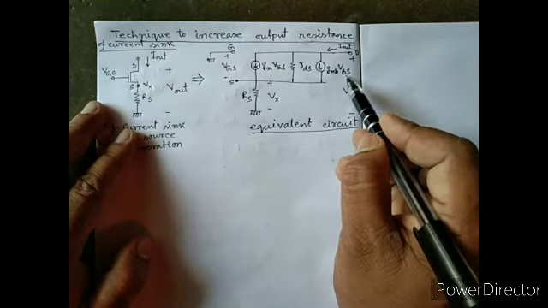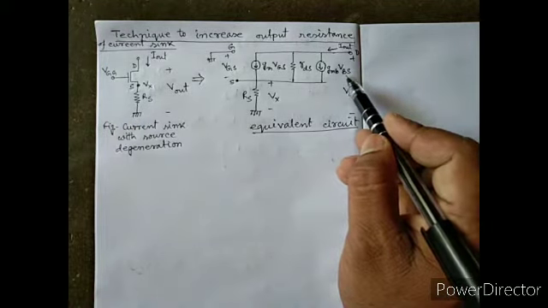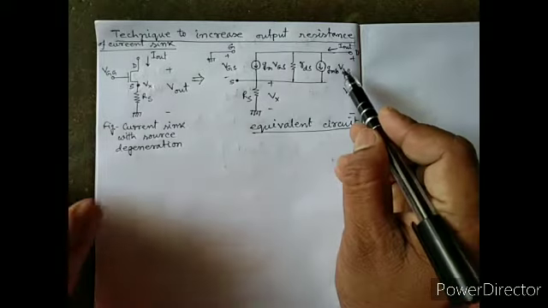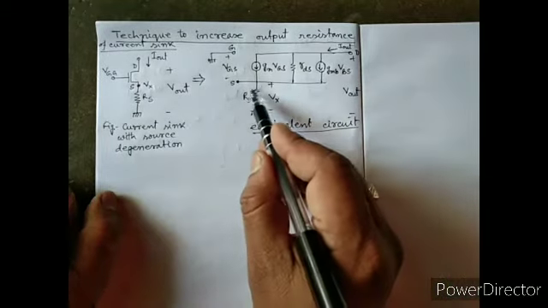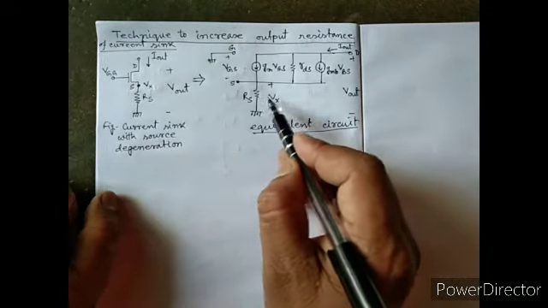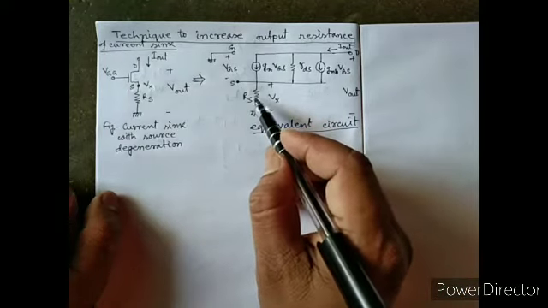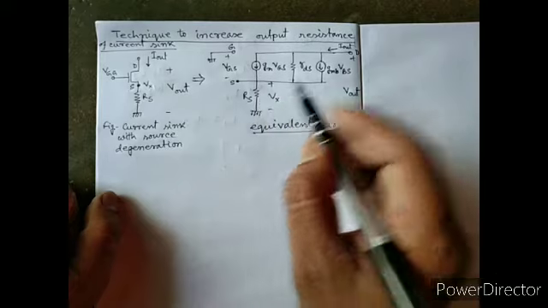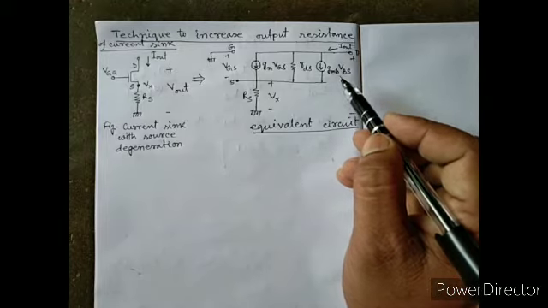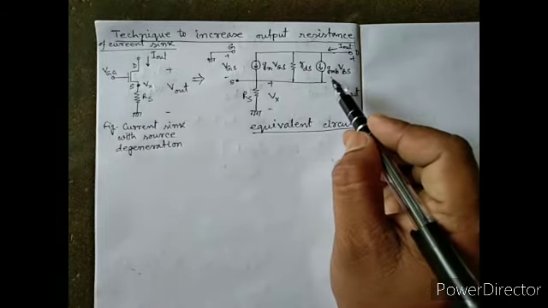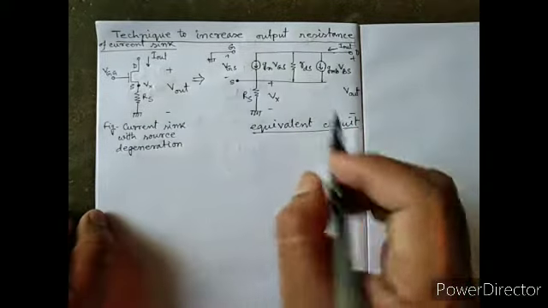VBS is the potential difference between body and source. This term is coming due to RS, where a potential Vx is dropping. So due to that, the body effect comes in, and due to the body effect there is a dependent current source represented by VBS.